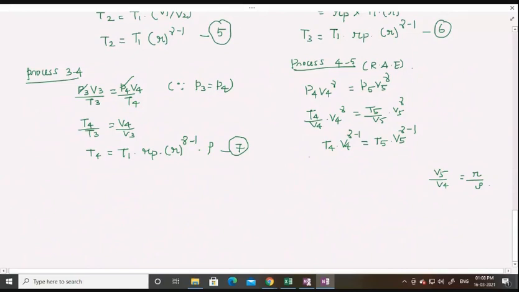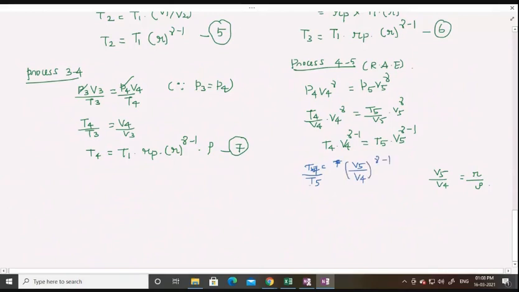Okay, better you can form the equation like this. T4 by T5 equal to V5 by V4 power gamma minus 1.